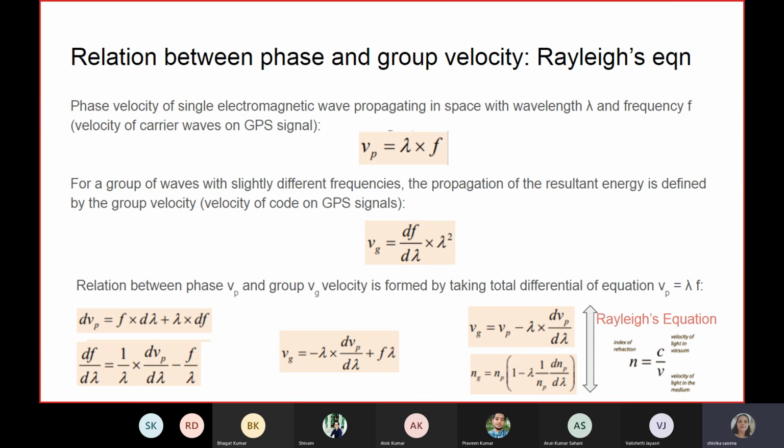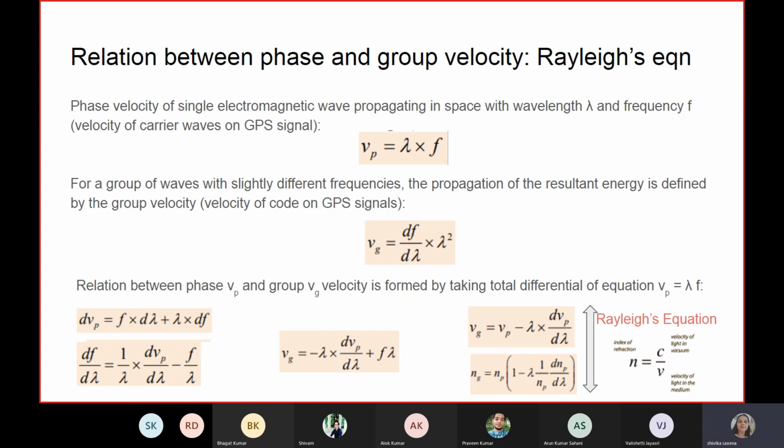There is a relationship between phase and group velocity. It is given by Rayleigh's equation. The phase velocity of a single electromagnetic wave propagating in space with wavelength lambda and frequency f is given by Vp equals lambda times frequency. This is the velocity of the carrier waves on the GPS signals.